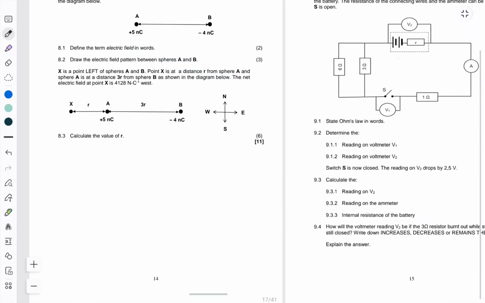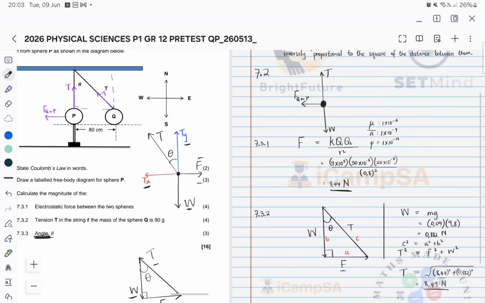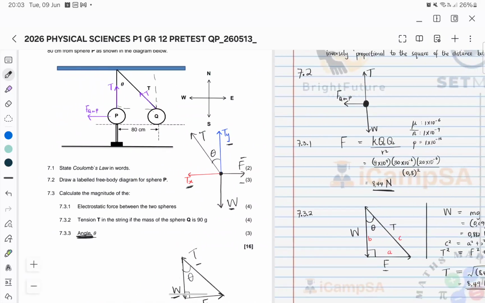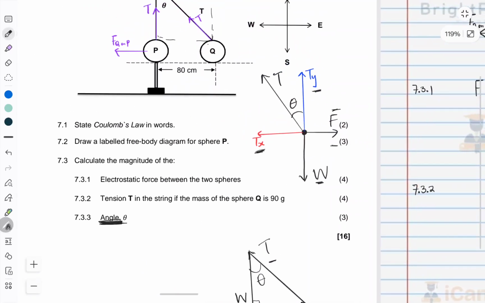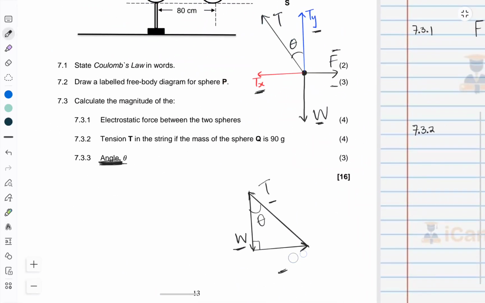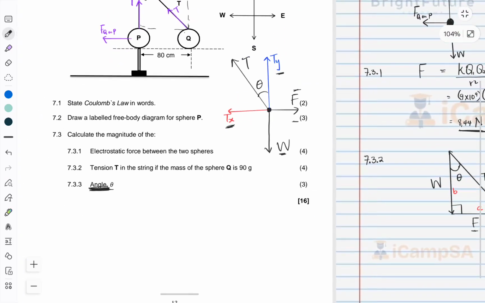So 7.3.3. Okay, before we get there, see if we can. Alright, so now we are required to find the angle theta. I'll write everything here for theta. So for theta, I can simply say Tx is equal to, like I was saying, F, right?